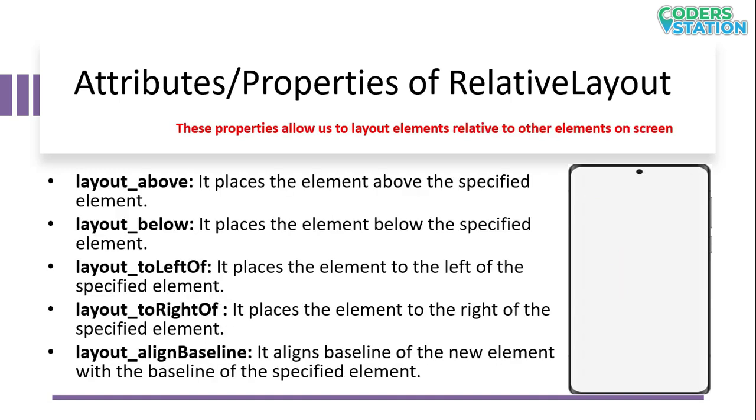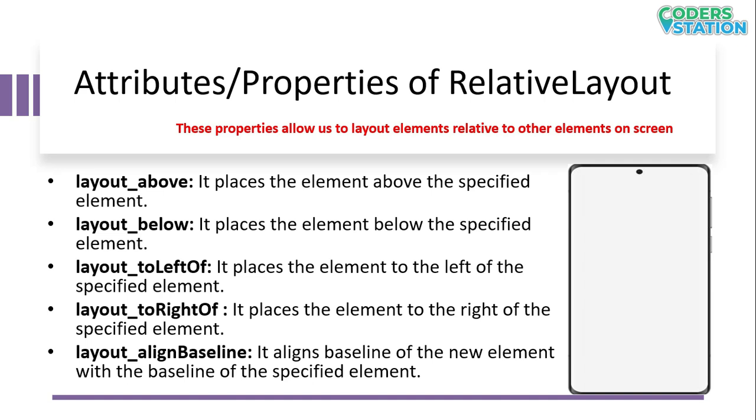Next properties are the properties of a second category, where the elements which we are placing will be placed by relating them with some other elements which are already there on the screen.